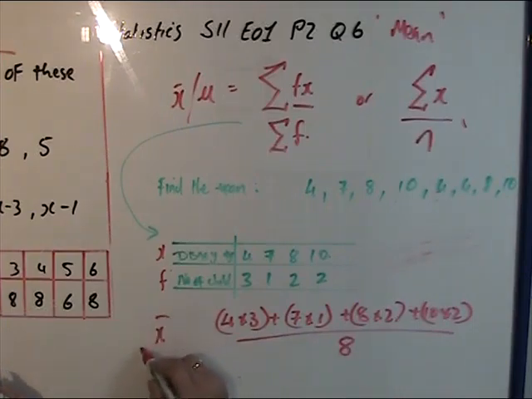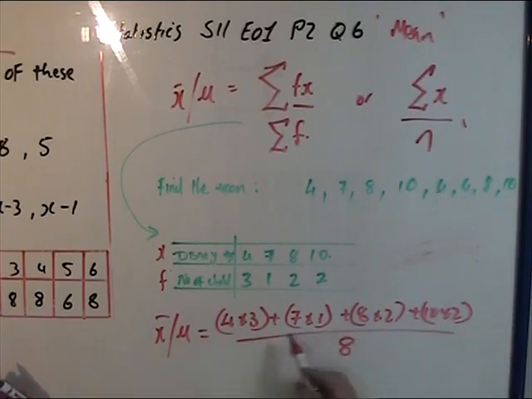So I multiply them out. 4 by 3 is 12, plus 7, plus 2 eights are 16, plus 20, all over 8.